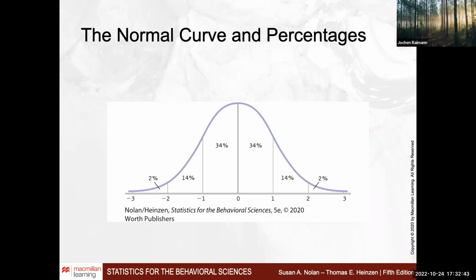From -1 to 0, you have 34% of your population. If you take 50 minus 34, everything smaller than a standard deviation of -1 is the leftover 16%. And this is where you start to standardize and characterize it.